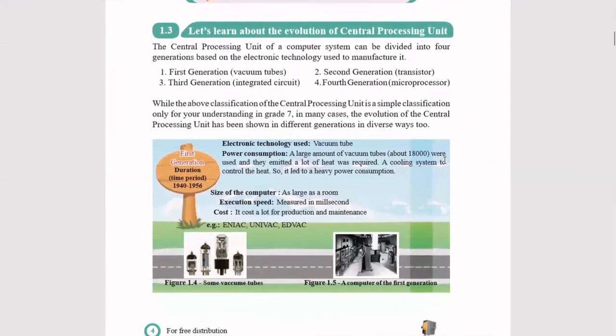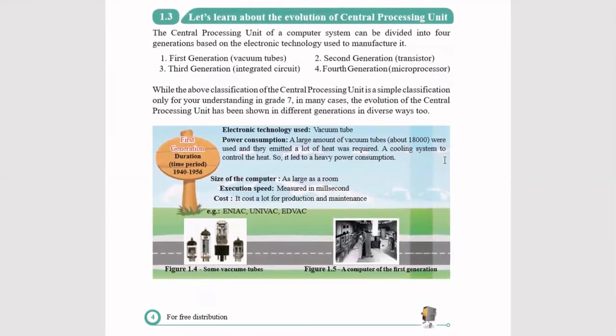Okay. Then we are going to learn about the evolution of the central processing unit, right? How it evolved. The computer is not a one-night output, right? It evolved over many years. The generations of the central processing unit can be divided into four: first generation, second generation, third generation, and fourth generation.